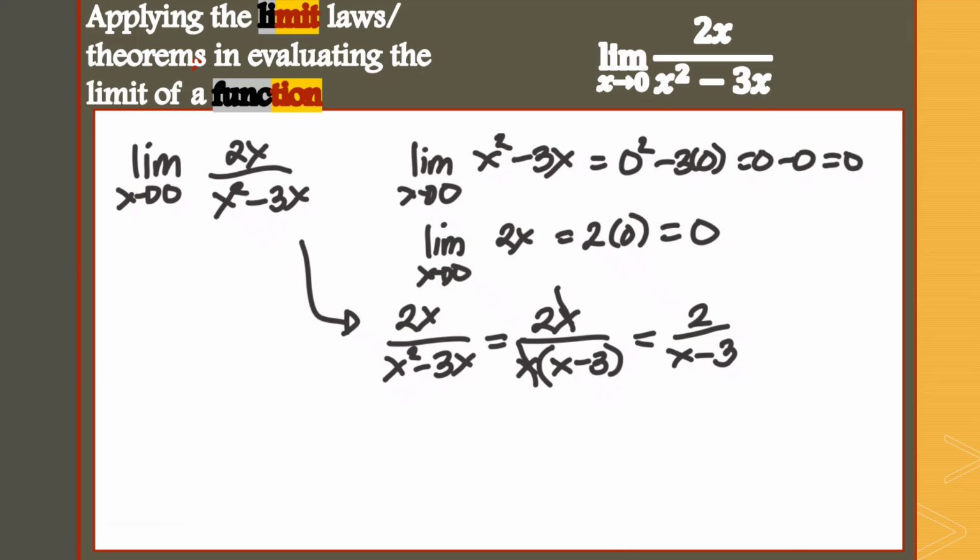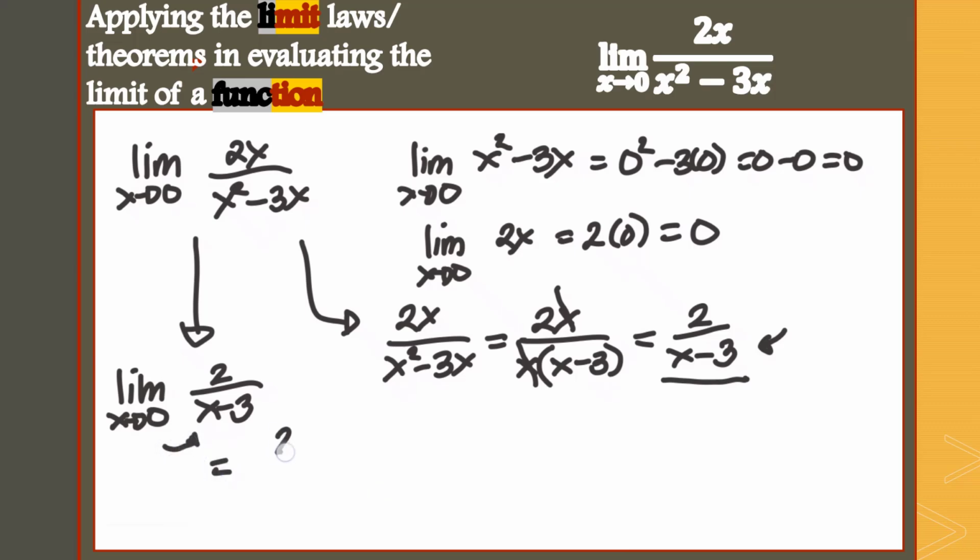Now with this, if this is what you're going to use, we could establish a certain limit. Even if the denominator would become 0, that would still be unacceptable at this point. But this is not even 0 nor does it not exist, because if you return here the limit of now 2 over x minus 3 as x approaches 0, you would be having direct substitution.